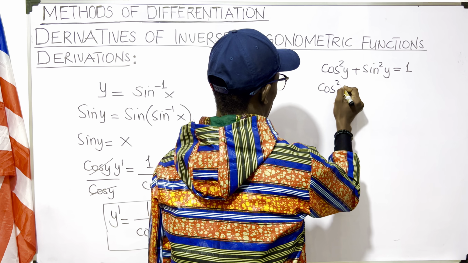And then we take the square root on both sides. So we'll have cos of y equal to the square root of 1 minus sine square y. Where we see cos of y, we're going to put the root of 1 minus sine square y.